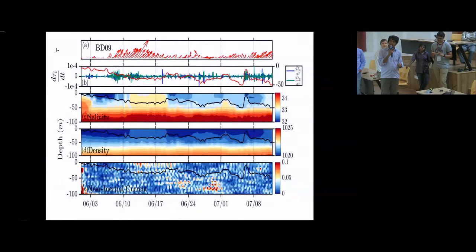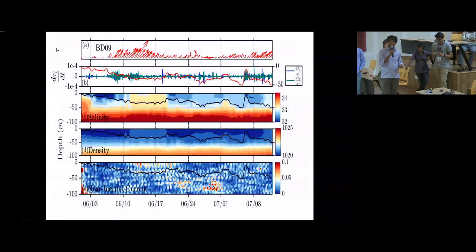We observe a deepening of the mixed layer shown by the black lines in panels 3 and 4. The third panel shows the salinity and the density, and it clearly shows how well the regions get mixed.